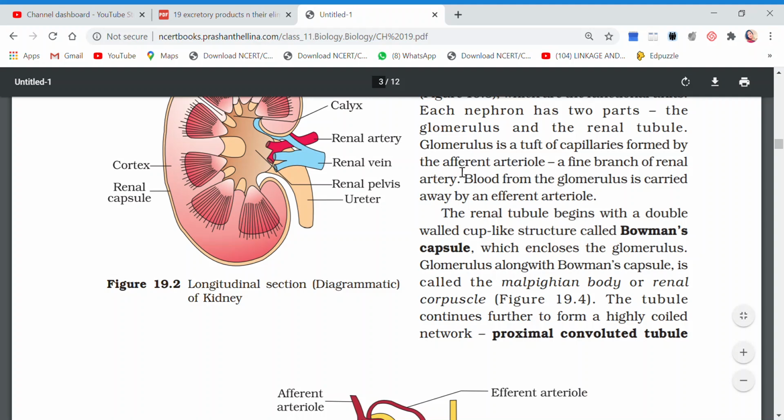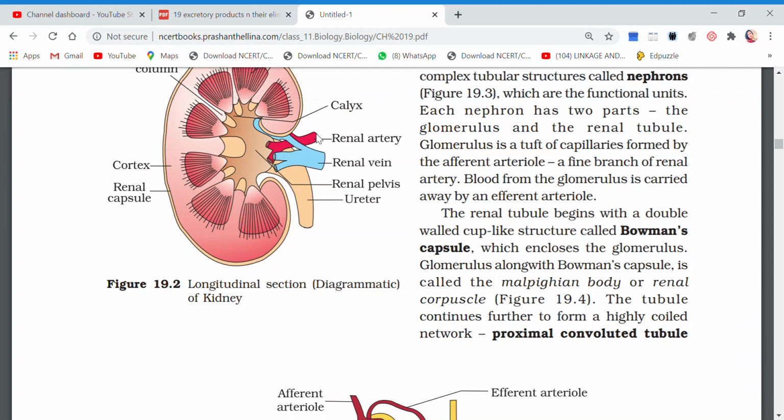Now what is afferent arteriole, children? Afferent arteriole is a branch of renal artery. Children, the renal artery is the artery which brings oxygenated blood to the kidney. This artery divides further to form arterioles, and we call those arterioles afferent arterioles. The blood inside the afferent arteriole is oxygenated.